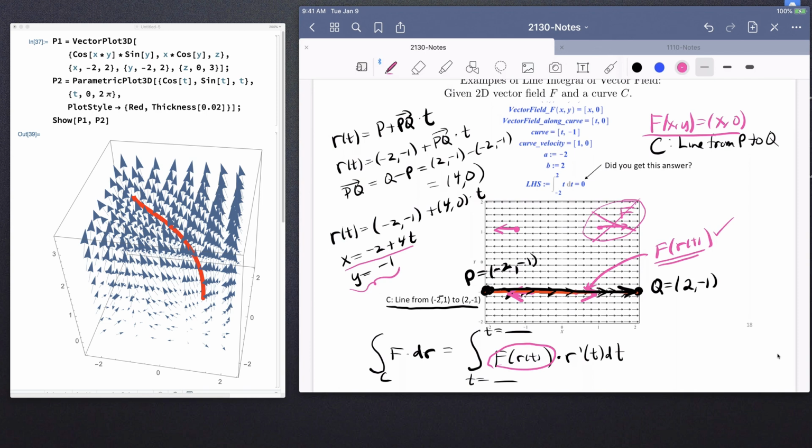Since our vector field is x, 0, the vector field along the curve is -2 plus 4t, 0. And then the direction vector, r prime of this curve, is just the vector PQ, so that is 4, 0. Because of the construction of this line, at t is equal to 0 we're at the point P, and at t is equal to 1 second later, we're at the point Q.